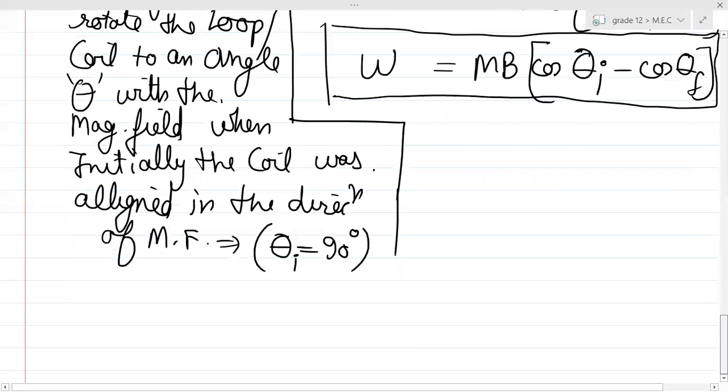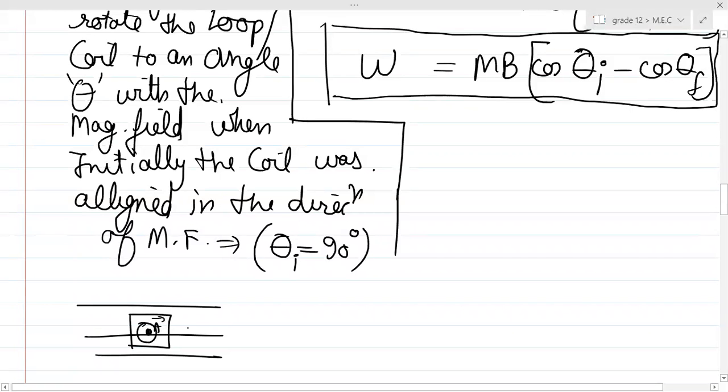Because do you remember, if initially the coil is like this and this is the magnetic field, can you see the area vector is basically perpendicular to the magnetic field, right? So here the area vector is making 90 degrees.